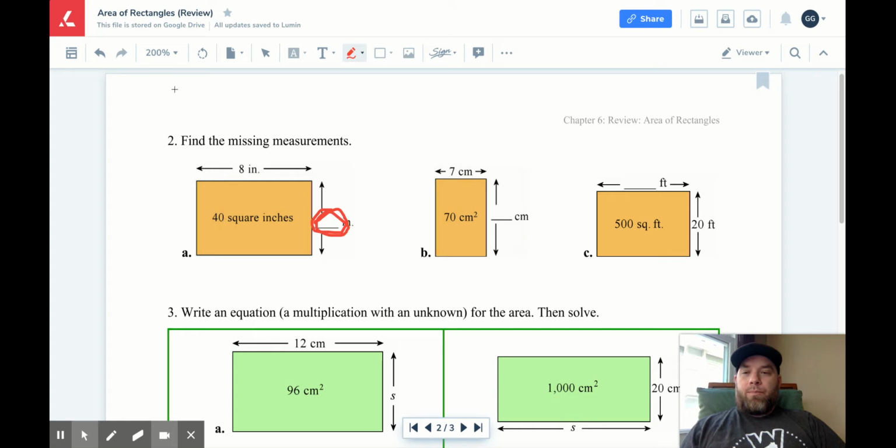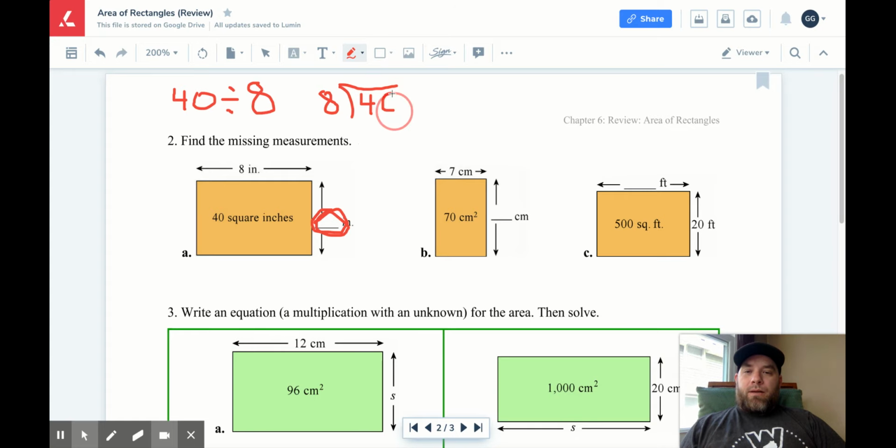So now I'm going to write up here, and I'm doing 40 divided by 8. So that's my missing number here. So 40 divided by 8. The other way I can write this, of course, is 8 into 40.